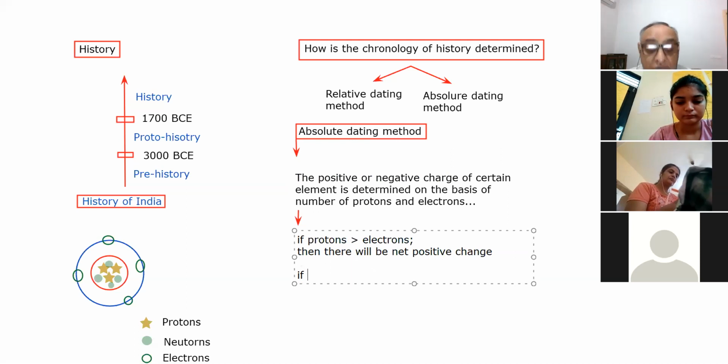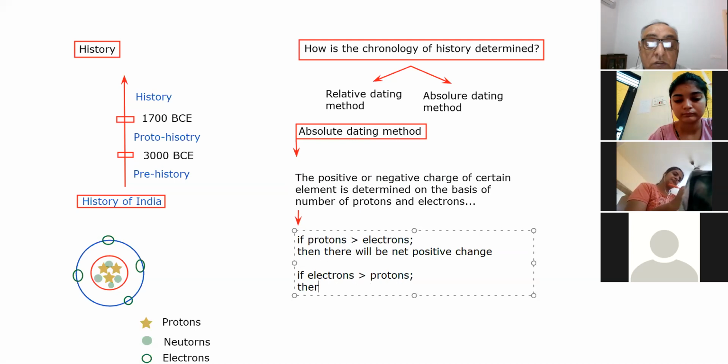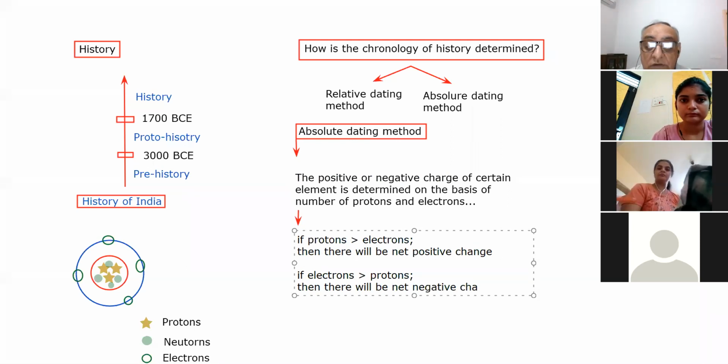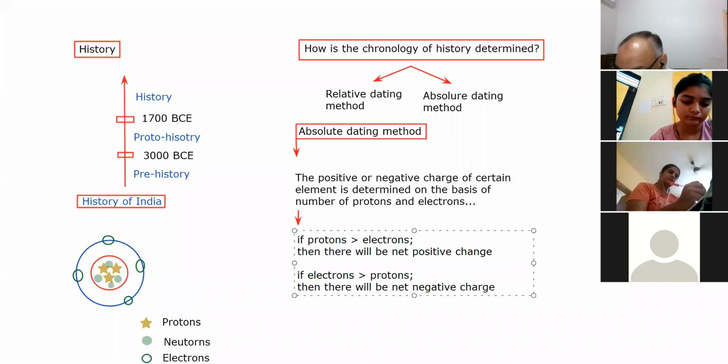And if the number of electrons is greater than the number of protons, then there will be a net negative charge. These are the two important things you should bear in mind.